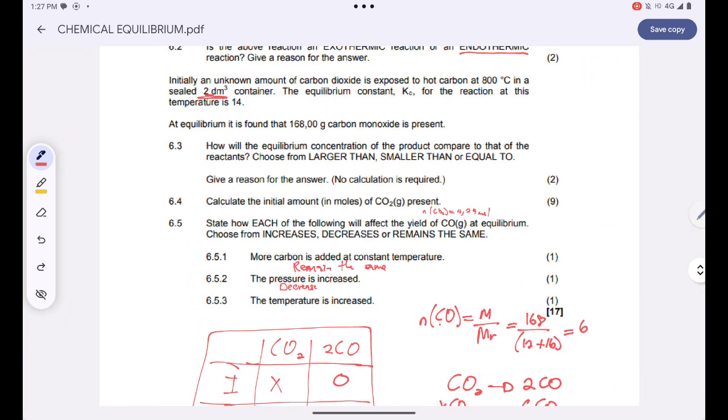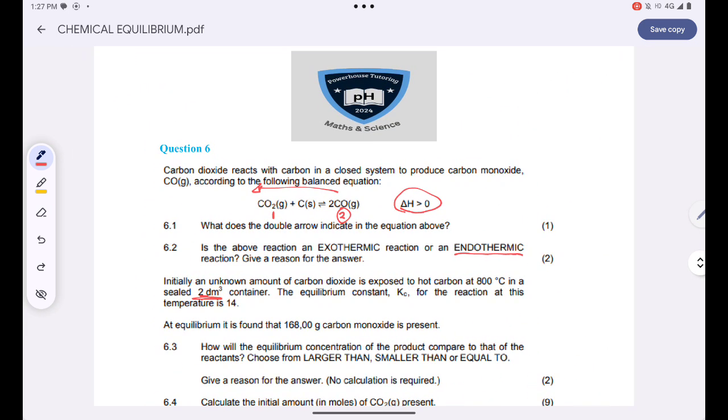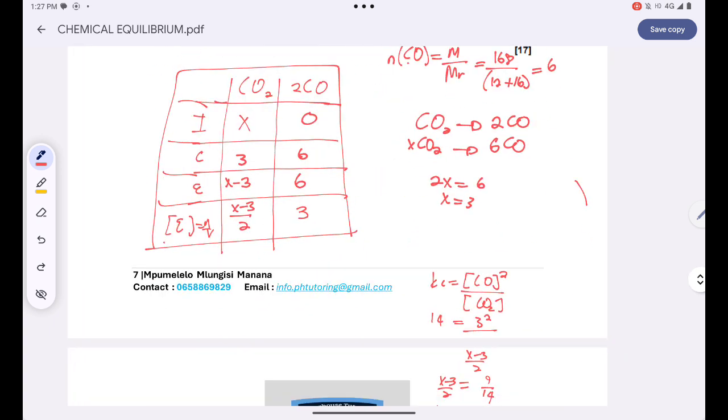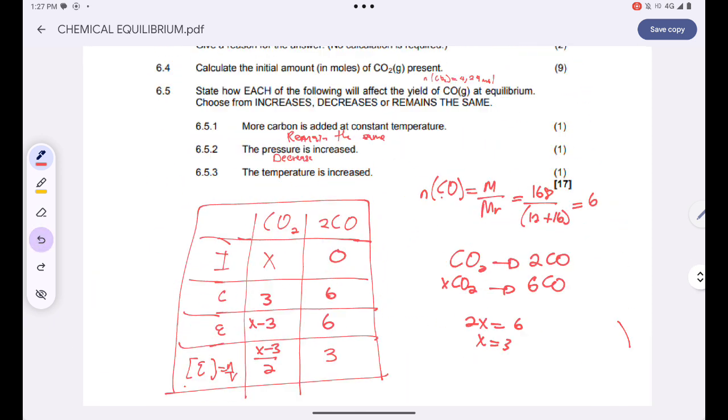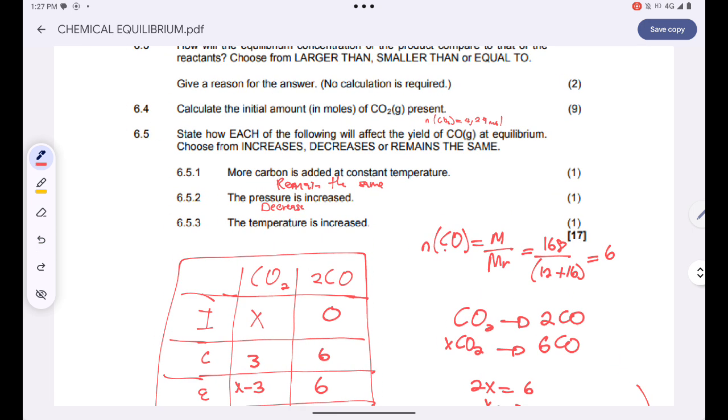If the temperature is increased, a temperature increase will always favor an endothermic reaction. Since my forward reaction is endothermic, the forward reaction will be favored, and if the forward reaction is favored, the products will increase. So carbon monoxide will increase.